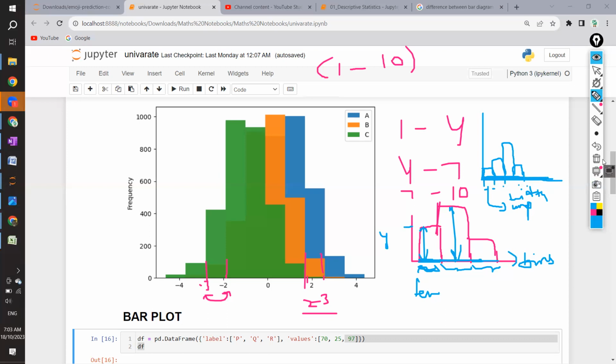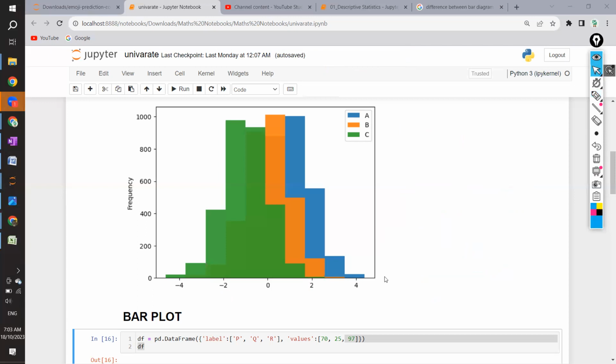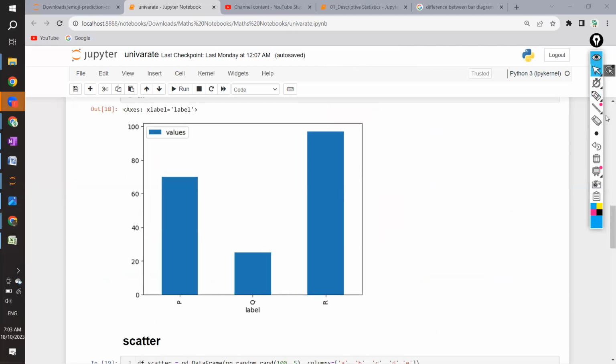But in the bar plot, this width is not of any importance. It is just telling you the height is important. Because for p, what is p? It is 70, and that's the only thing important. The width of this bar is not important.